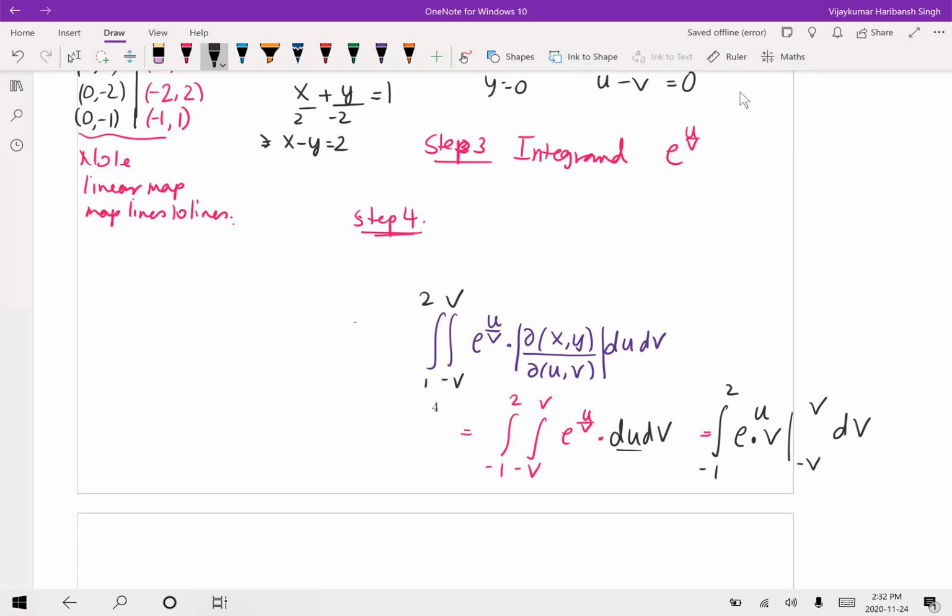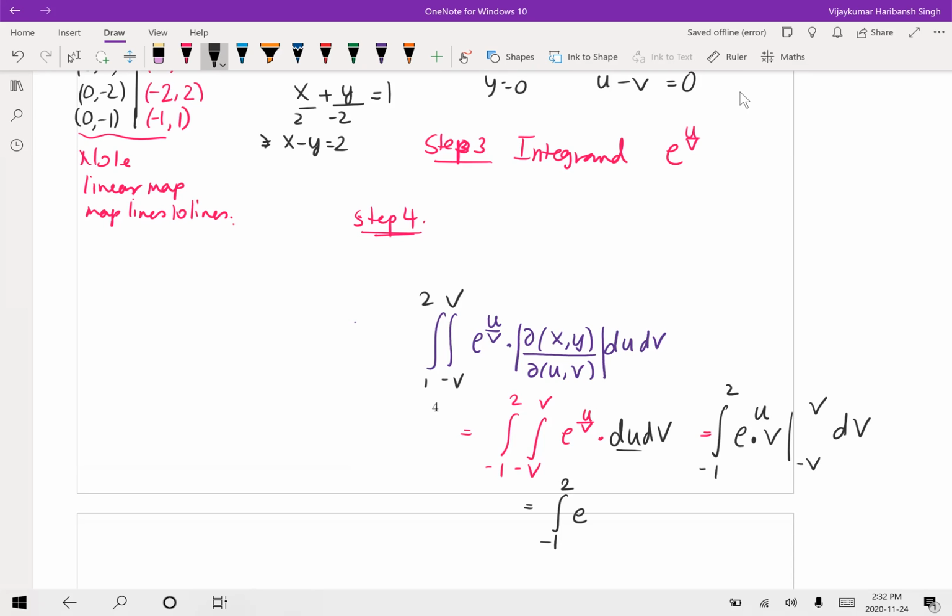So then that is going to be the integral from minus 1 to 2. Now, instead of u, we are going to put v.